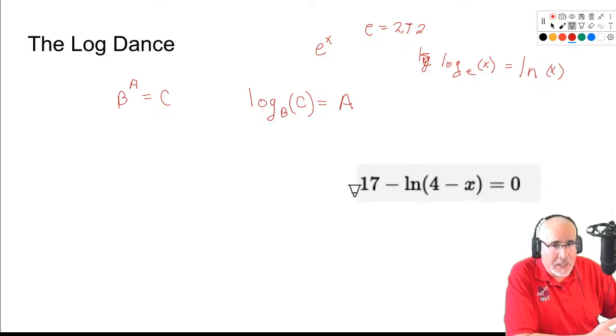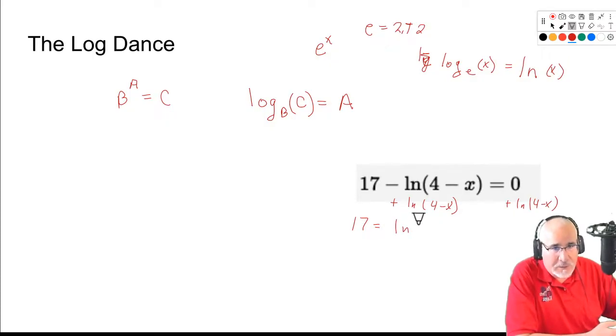Since it's negative, let's just add it to both sides. Add the natural logarithm of 4 minus x. And so we get 17 equals the natural logarithm of 4 minus x, because when you add that to 0, you get what you started with.